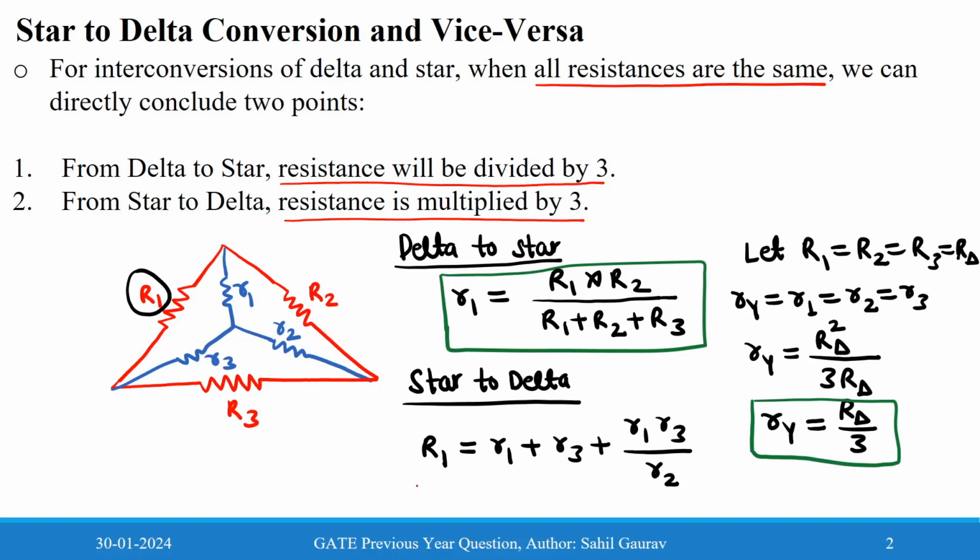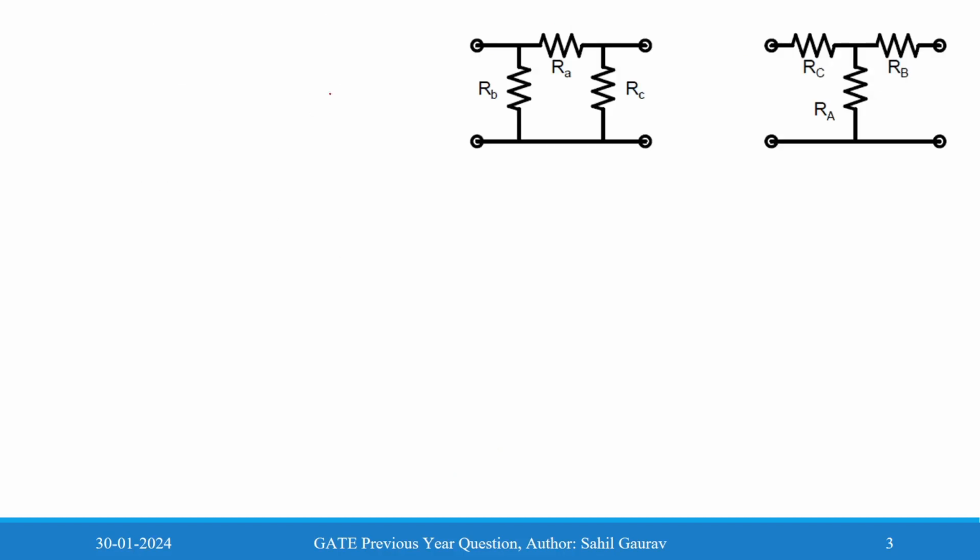So let us solve the problem. Here we can see that this is the delta connection and this is the star connection.